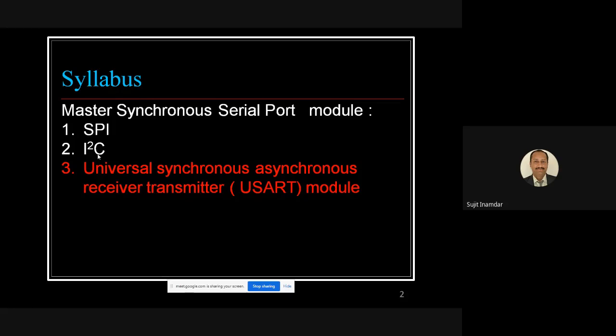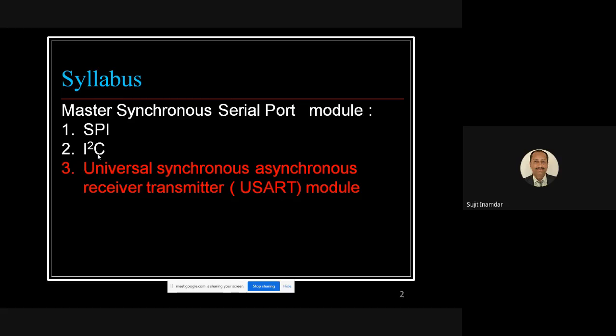The remaining one is only the USART. USART is nothing but universal synchronous or asynchronous receiver transmitter, which is also used for serial communication. Don't forget, these are all for serial communication. Serial communication means bit by bit, one by one, the bits are transferred or received.